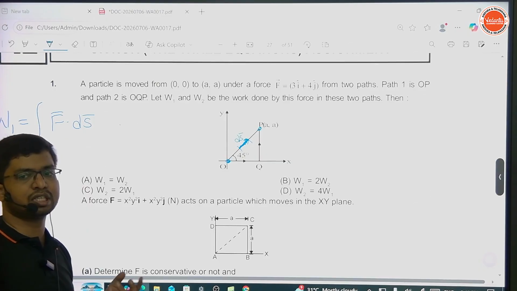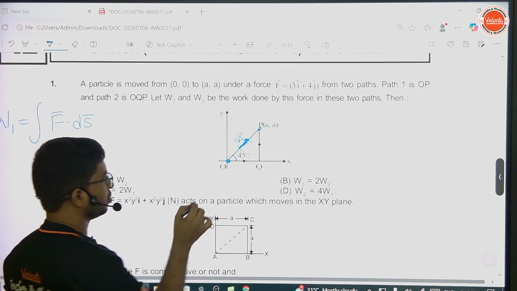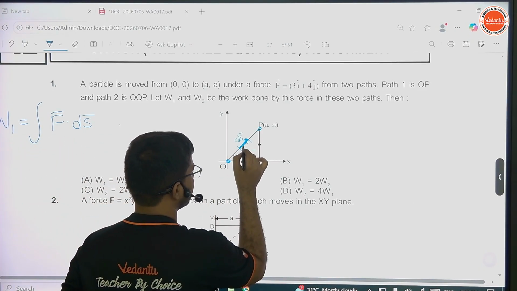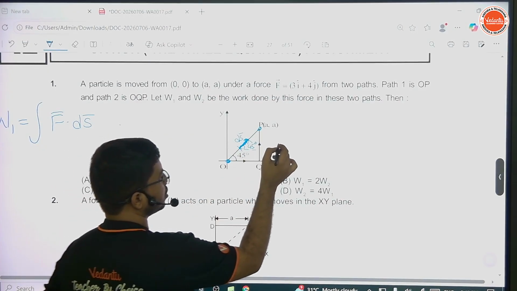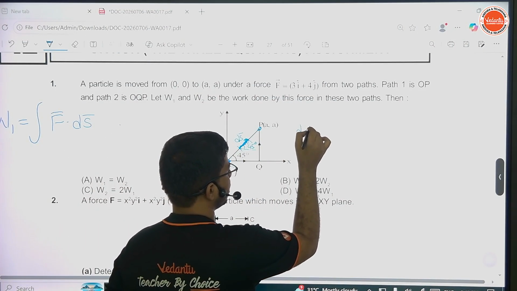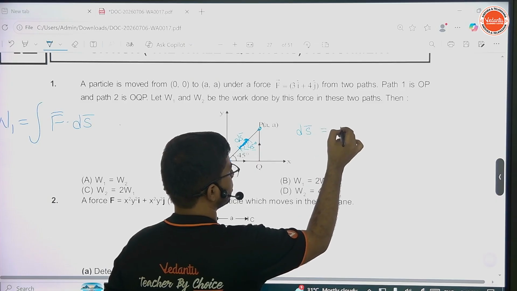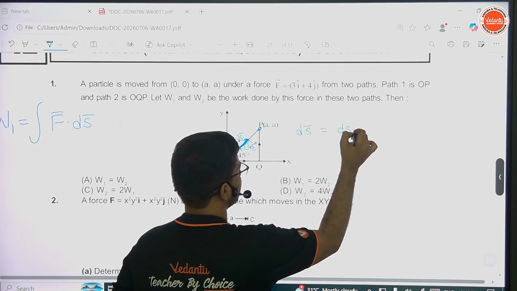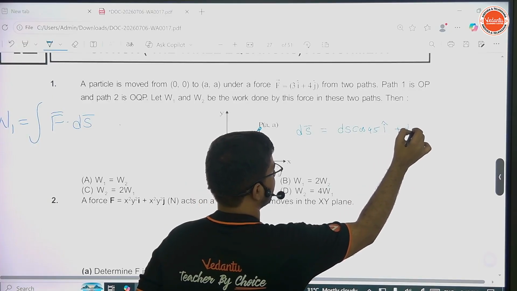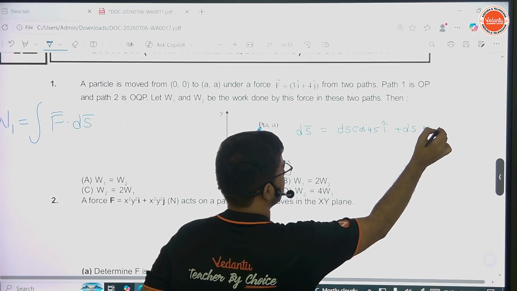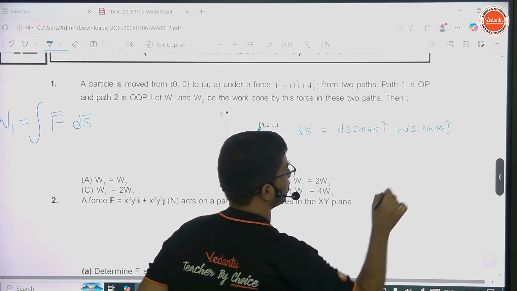With the positive x-axis, this is making 45 degrees. So you can write down ds bar over here. This is equal to ds cos 45 i cap plus ds sin 45 j cap.